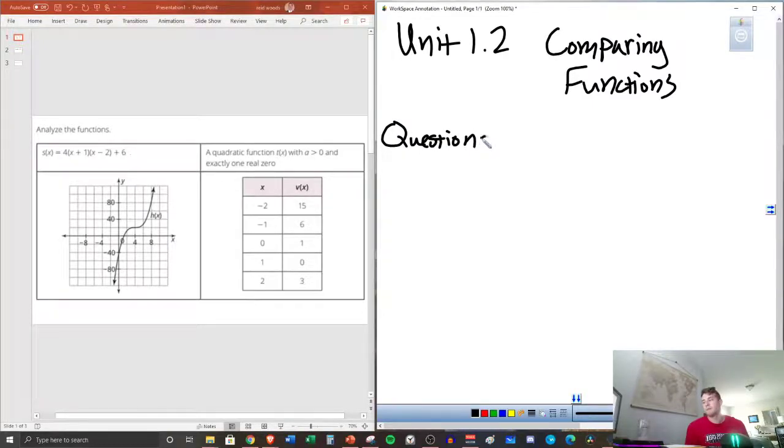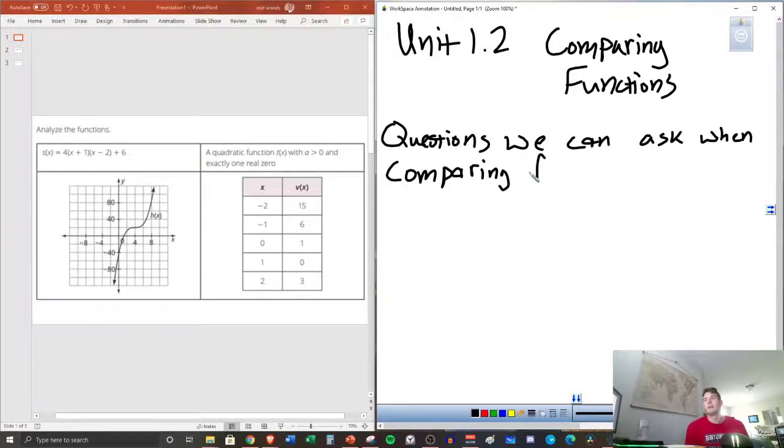Questions we can ask when comparing functions. Now these are in no particular order. Let's start with number one.